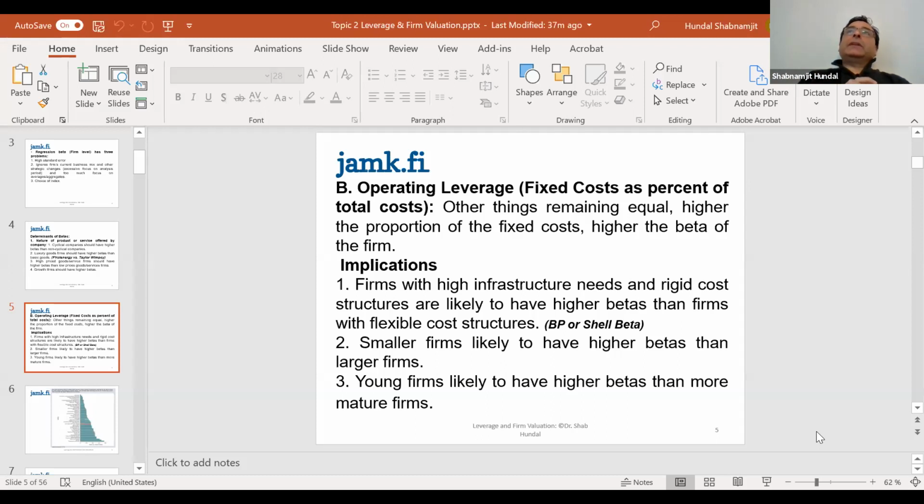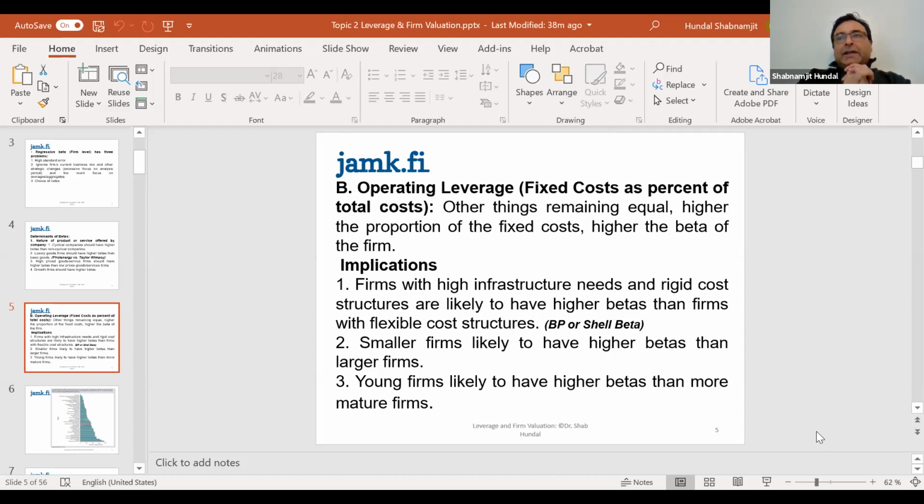For example, when you study the income statement of a company, you will find that some companies have more fixed cost than others. Like I can see that BP has so many times higher fixed cost than Microsoft or Apple.